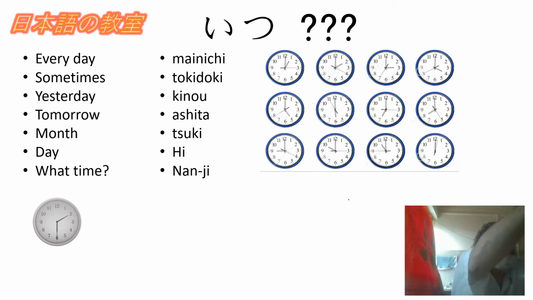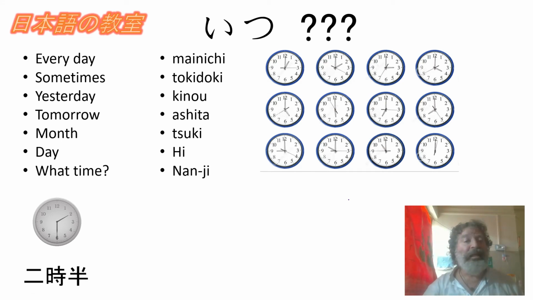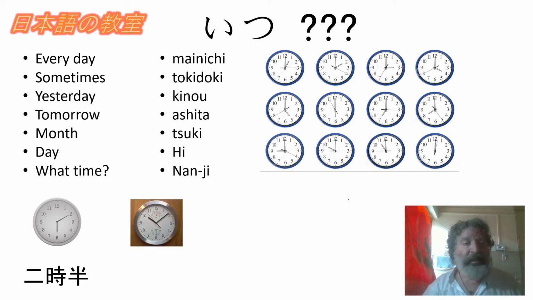2時半. 今は2時半です。And this is how it's written in kanji. Okay? Just for your reference. 10時10分. So we have 30分, 10分. So 10 after 10, it becomes 分, 10分, 1分, 2分, 3分.